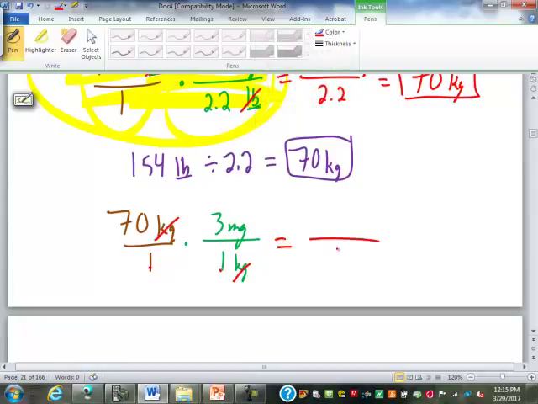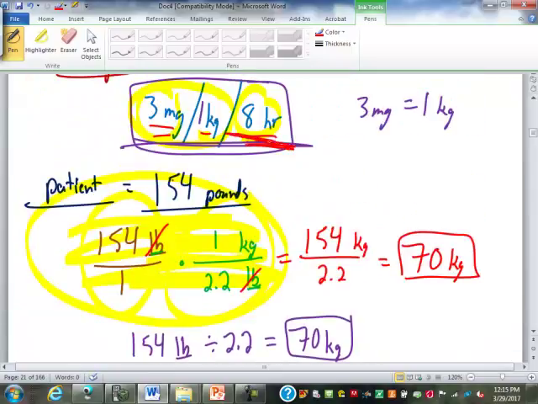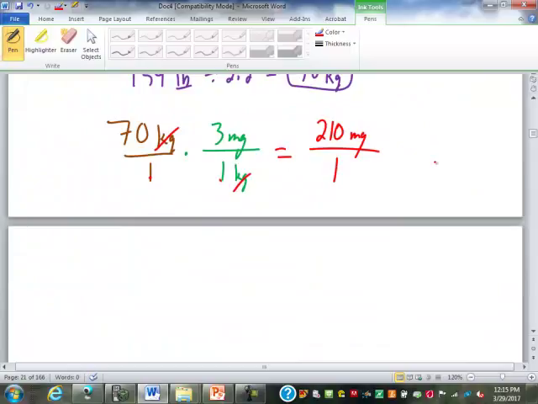On bottom we have 1 times 1. On top, 70 times 3 milligrams is 210 milligrams. Now we can't just forget about this 8 hours up here. We do have to bring that down. This is saying that we can administer to this patient 210 milligrams of that medication every 8 hours.